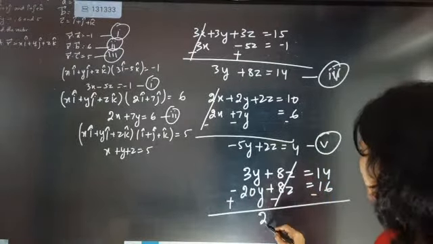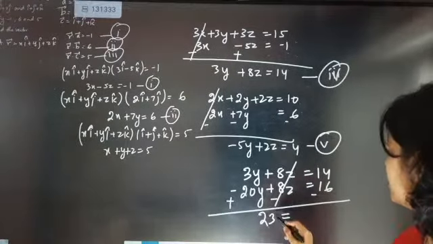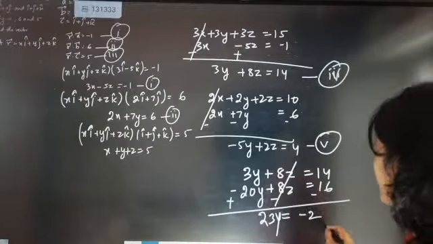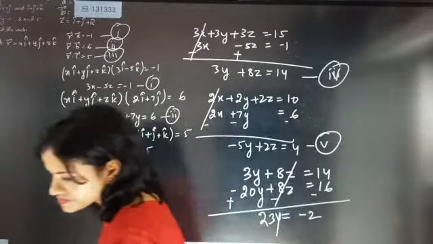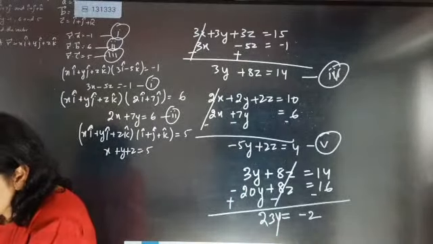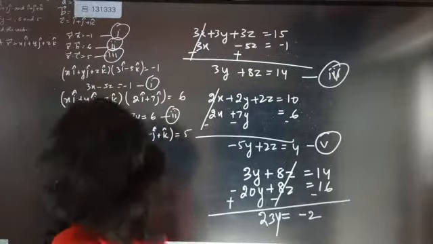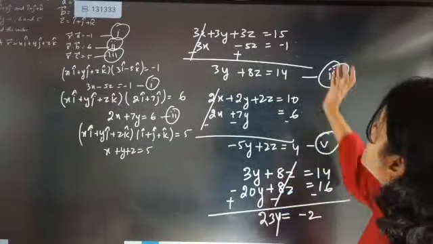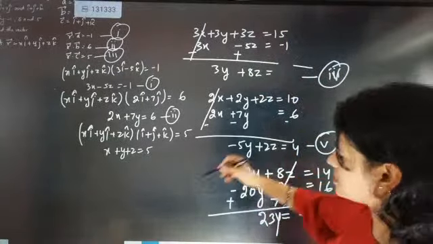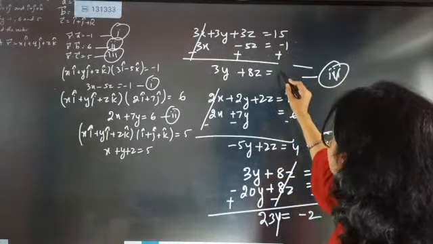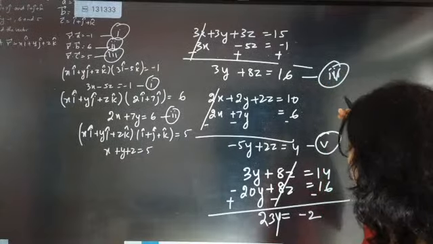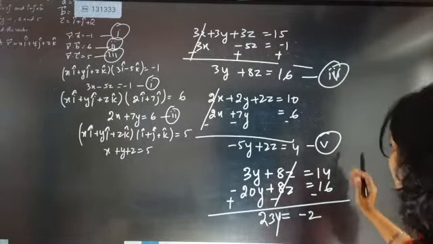So it is coming as 23y equal to minus 2. Again a fraction is coming. It should be 16 in place of 14. Where I have written 14, beta? Thank you. 16 is coming, so I wrote 16 now.